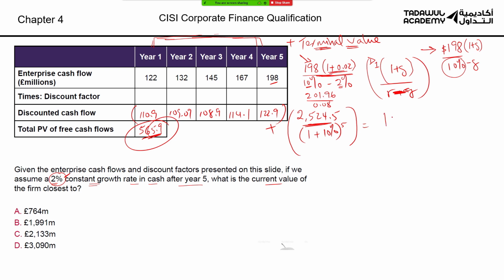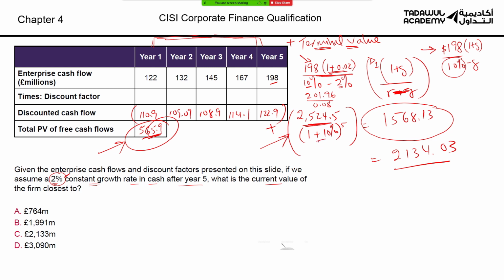This gives us 1568.13. We add that to the present value, 565.9. This would give us 2134.03. So this is the value of the enterprise. The present value of the cash flow for the first 5 years plus the present value of the terminal value is going to give you 2134.03. That's the closest answer.